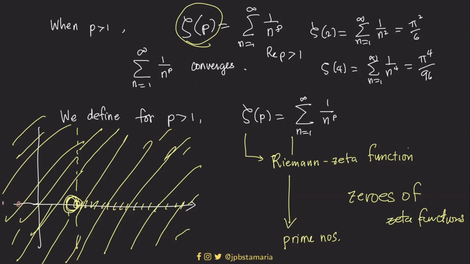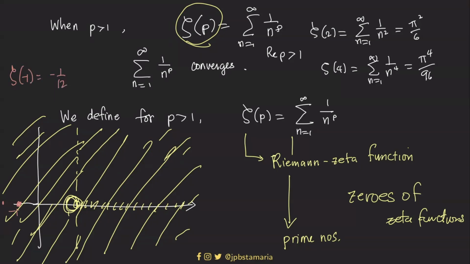May mga zeros dito sa negative real axis. Right? For example, zero siya kapag negative 2, kapag even, negative whatever. Tas natutunan niya, gamit yung analytic continuation niya, na ang value niya at negative 1 is negative 1 over 12.